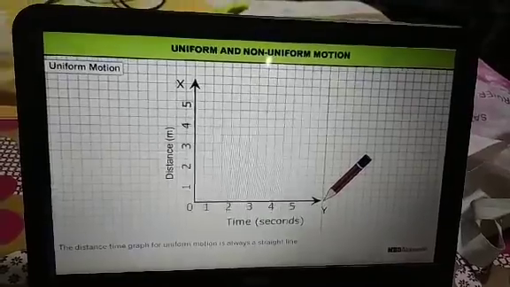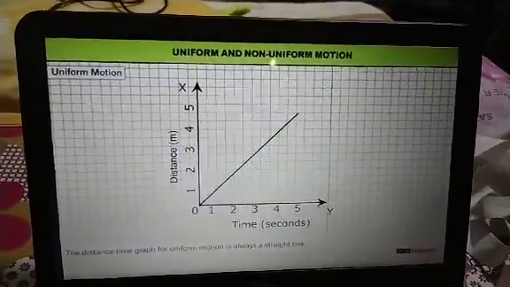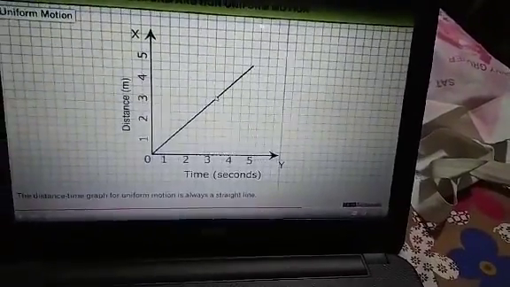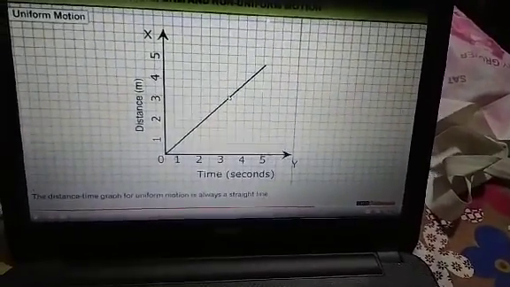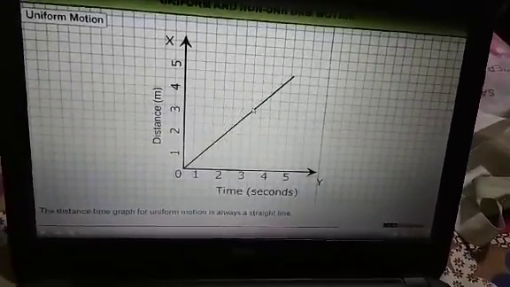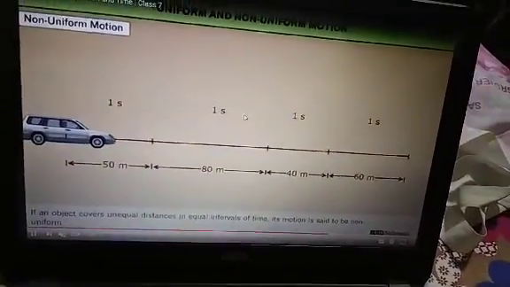We are drawing a graph between the distance and time. It is always a straight line. I told you yesterday as well that in uniform motion a straight line is always drawn.